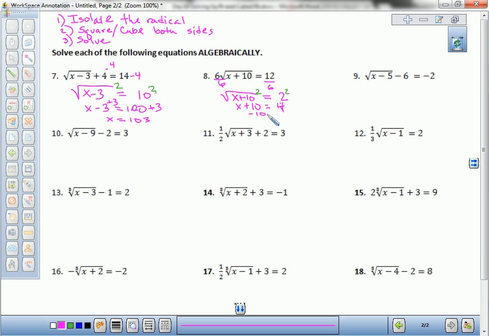Now we do get a negative answer when we move the 10, but that's okay. Because if I do a check step here, I got x equals negative 6. If I plug that negative 6 back in, the first thing I do is add 10 to it. So it becomes positive. It becomes 4, so I'm good.